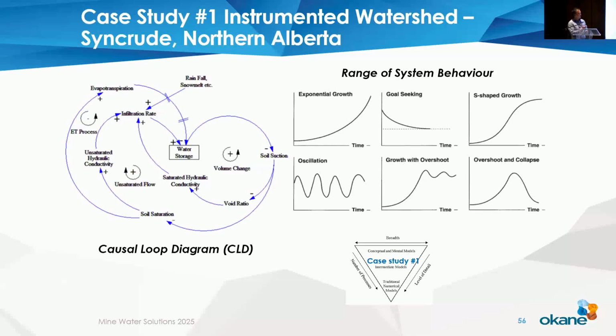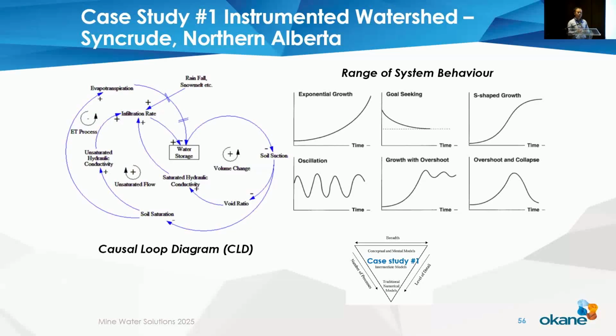The last point I want to highlight is that you can derive the system behavior from those feedback processes. If you have been doing modeling and simulation for a long time, you know that you can put any system behavior into one of six categories, whether you look at your water balance or water quality models.